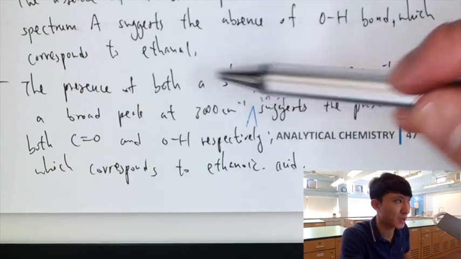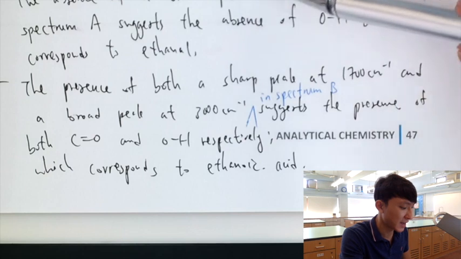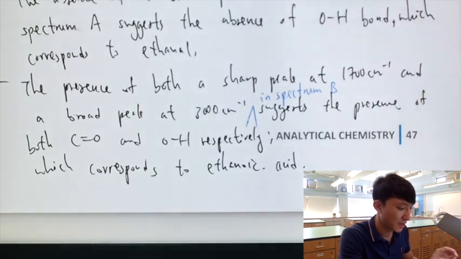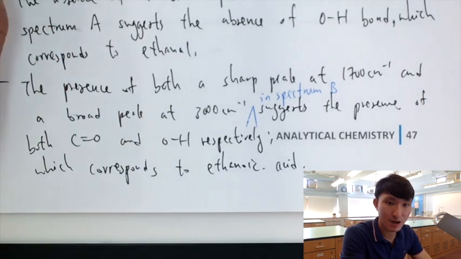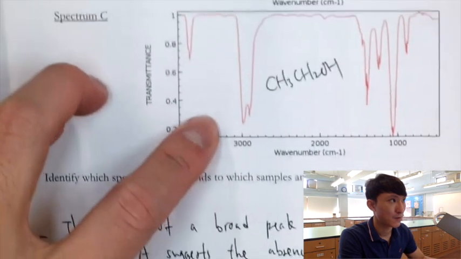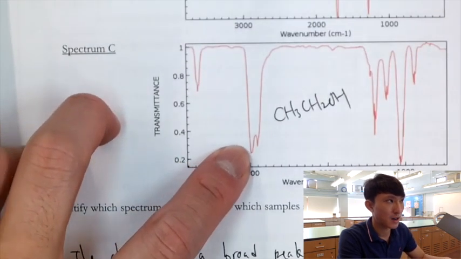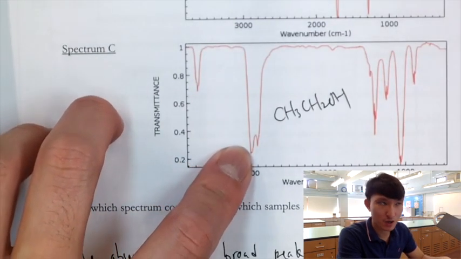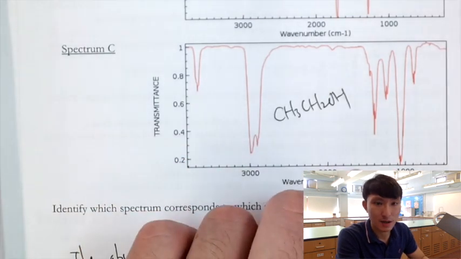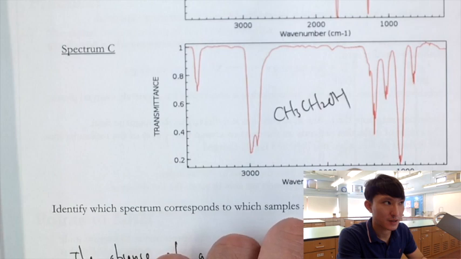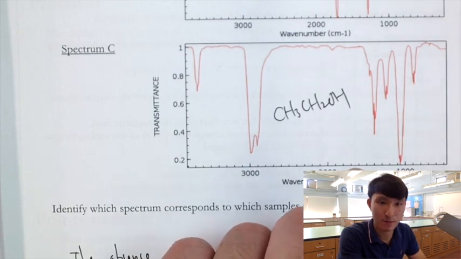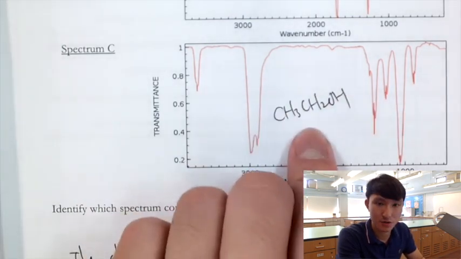Of course, you can also put down another sentence saying that the presence of a broad peak at 3000 cm^-1 suggests the presence of OH, but the absence of a sharp peak in the 1700 range suggests the absence of a C=O double bond, which corresponds to ethanol.